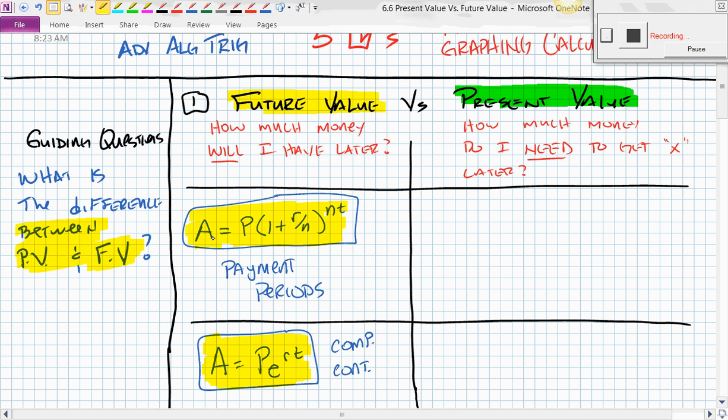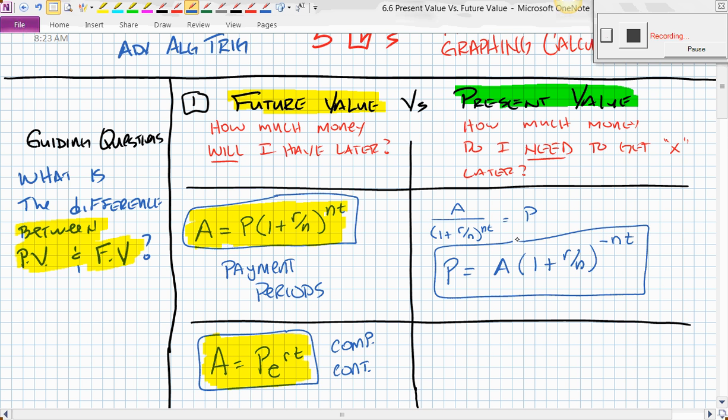Now, the cool thing about present value is that you can actually just use the same equation. So instead of solving for A, we're going to solve for P. So if you think about it, how could I solve the equation over here for P? Well, I would just divide everything by (1 plus R over N) to the NT. So I would have something that looks like this: A divided by (1 plus R over N) to the NT is equal to P. Then if I wanted to clean this up a little bit better, I would say P is equal to A times (1 plus R over N), and I'll just raise that to the negative NT, and I have my present value formula.